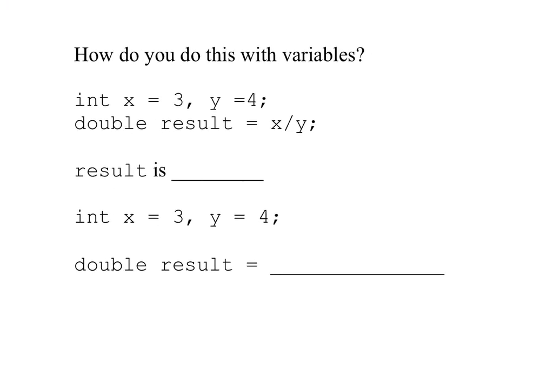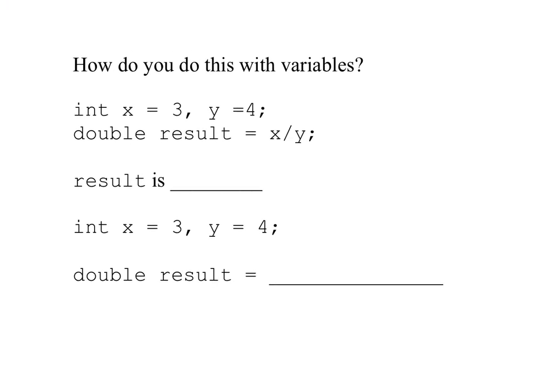Okay, so how do you do this with variables? If you want to do something like this with variables, you can't just put a .0, like you can't do x.0. And x is an integer, and it's using integer memory to store it. If I just make everything doubles at this point, it would increase the size of your program exponentially.